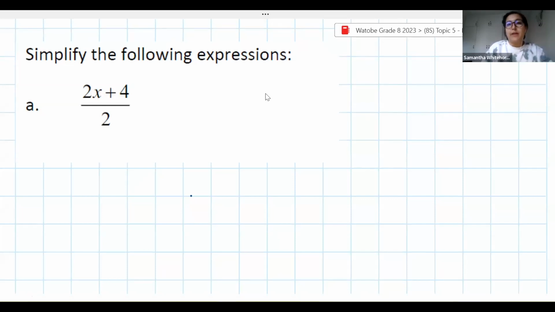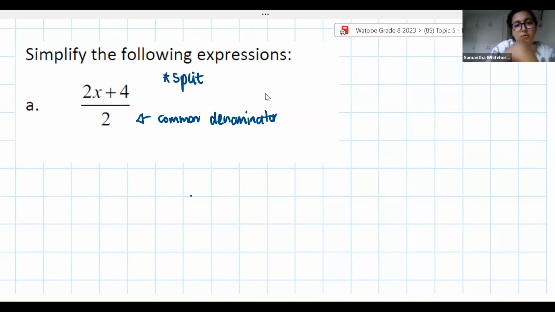What I mean by that is, because these have a common denominator, or because they are over the same denominator, and when I say they, I mean the 2 terms in my numerator, we can actually split our fraction. So we can split up the numerator into 2 fractions. So what we would have here is 2x over 2 plus 4 over 2.